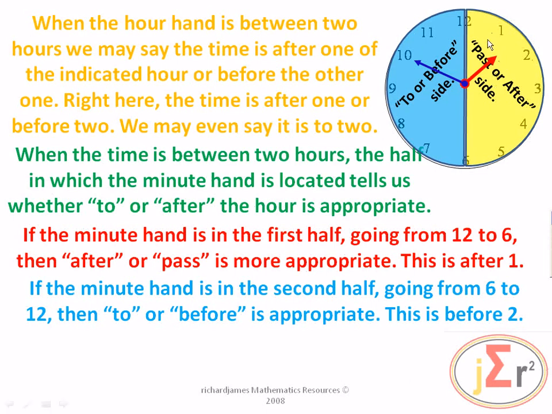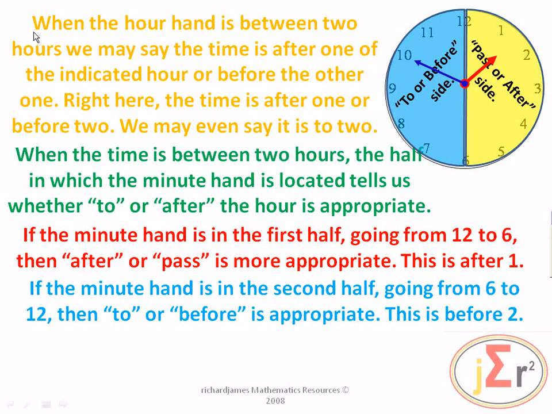If the minute hand is in this one, we say more appropriately that it is past or after. If it is in this side, we say more appropriately that it is to or before. But as I said before, technically, if it is past 1, it is to 2. And if it is not on 2 as yet, it is to 2, irrespective of which half it is in.